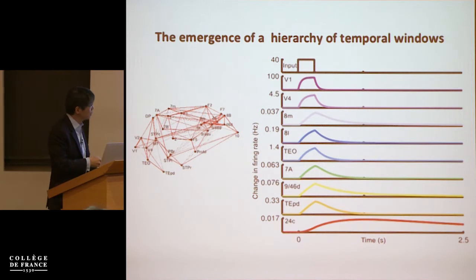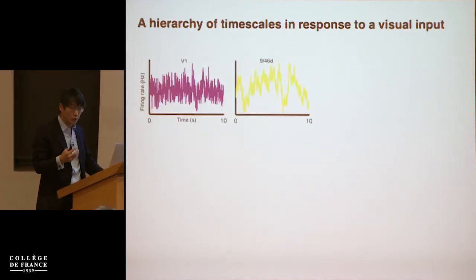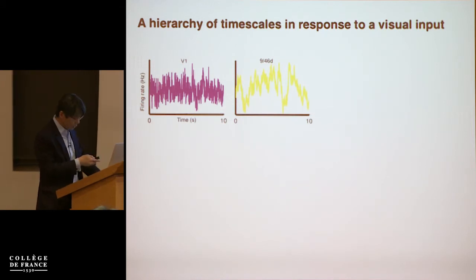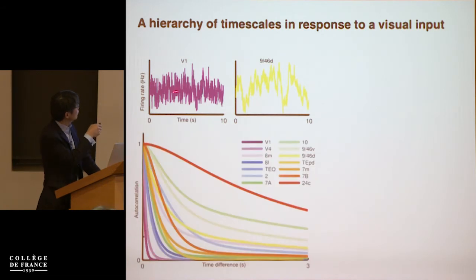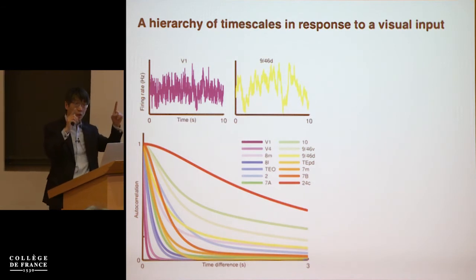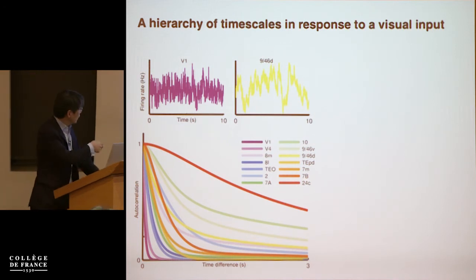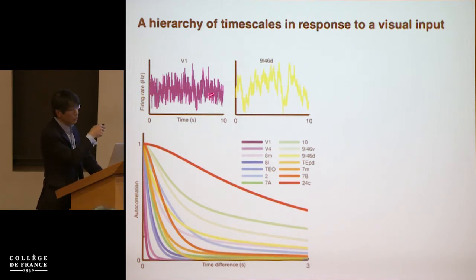You can simulate the system in a different way, where you generate spontaneous activity by driving every single area with noise. Now you see that the fluctuations of response seem to be somewhat different, slower in the frontal area compared to V1. To quantify that, you can compute the autocorrelation function for each area. You will get a curve like this that tells you how the signals become decorrelated when you separate them in time. From there, you can extract the time constant that dominates the fluctuations in each area.